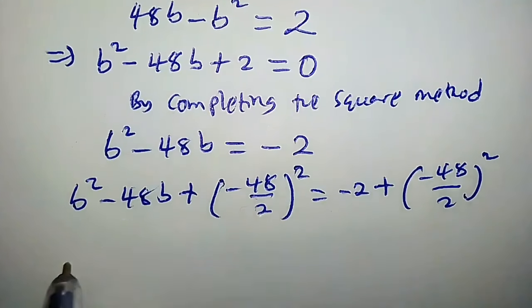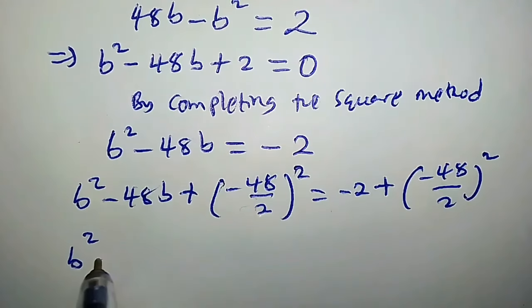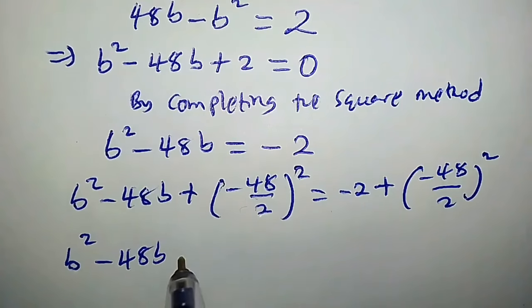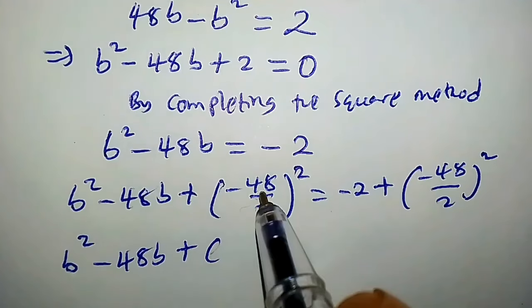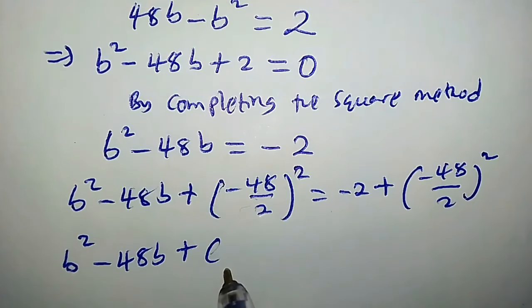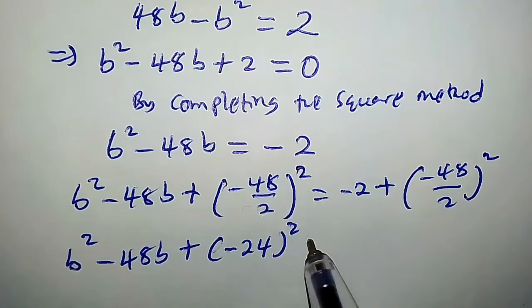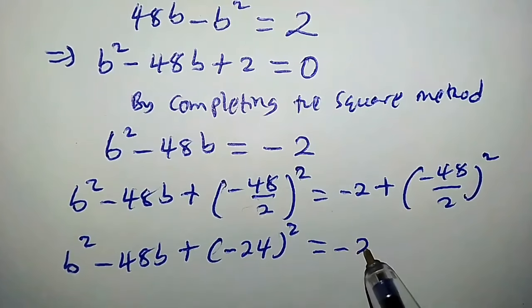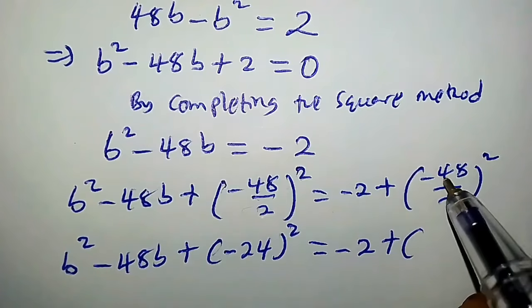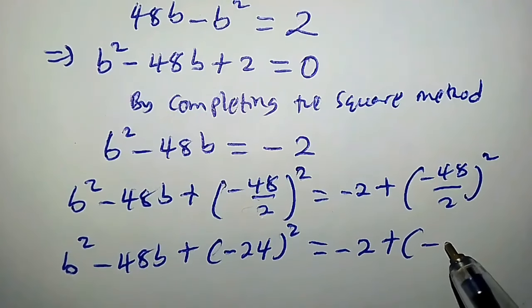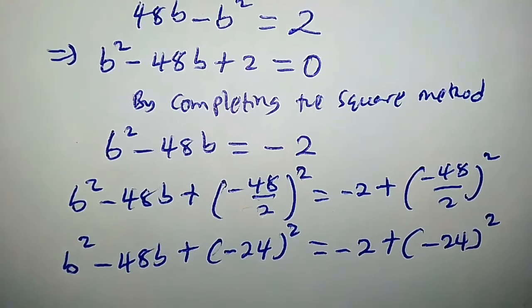That's the logic. So b squared minus 48b plus minus 48 divided by 2, that is minus 24 all squared, equal to minus 2 plus minus 48 divided by 2, that is minus 24 all squared.